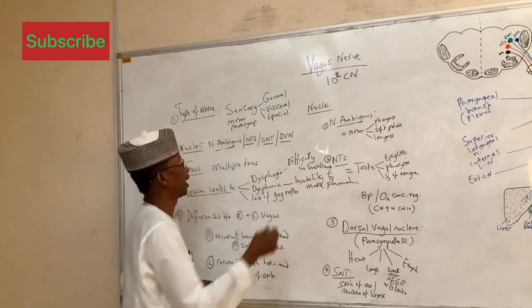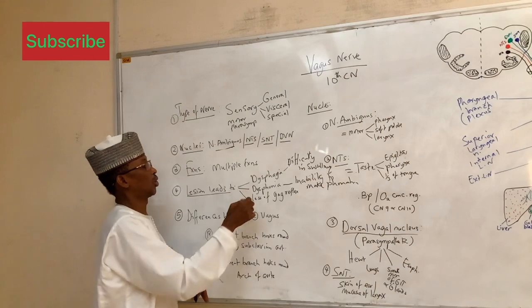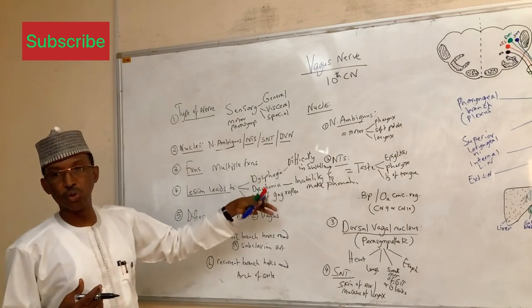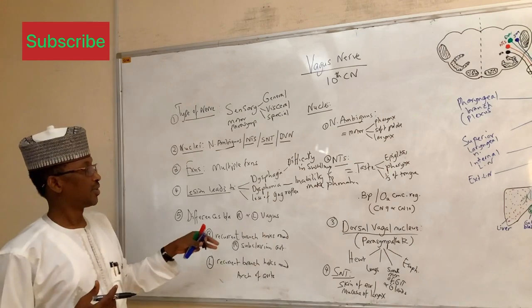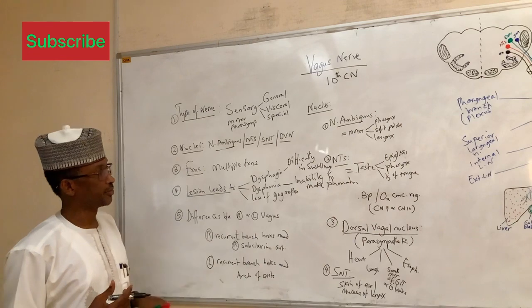There's also what is called loss of gag reflex. This is just some of the major issues that one can have if there is a lesion of the vagus nerve.